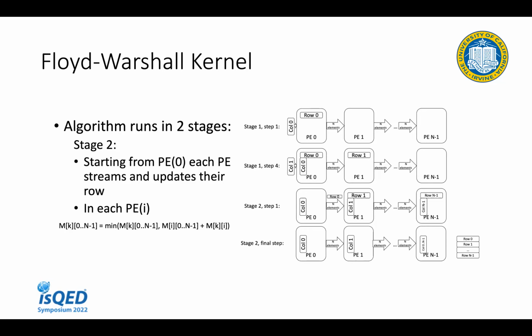We stream them through the entire pipeline. And as each row, for example, gets streamed through the subsequent processing elements, it gets updated again. When it reaches the end of the pipeline, it will be holding the final result.